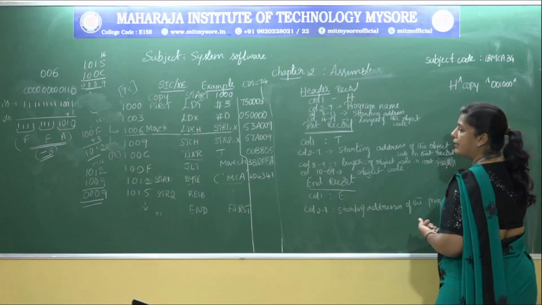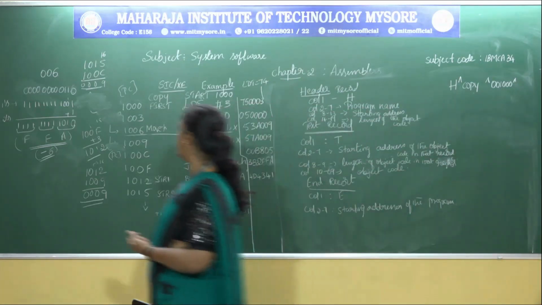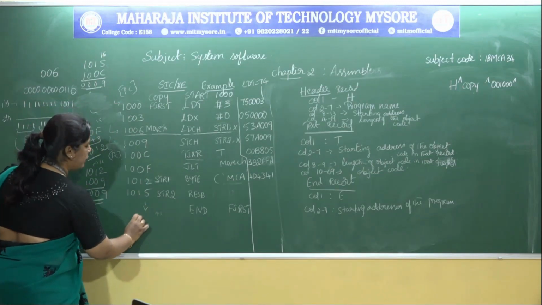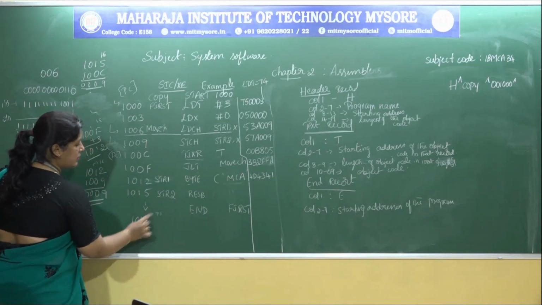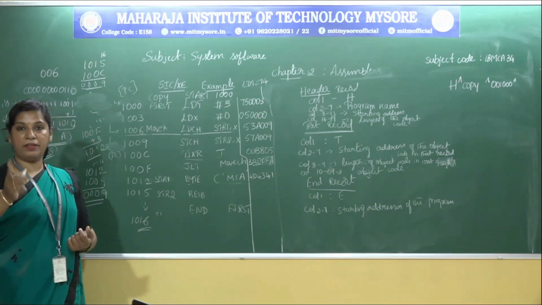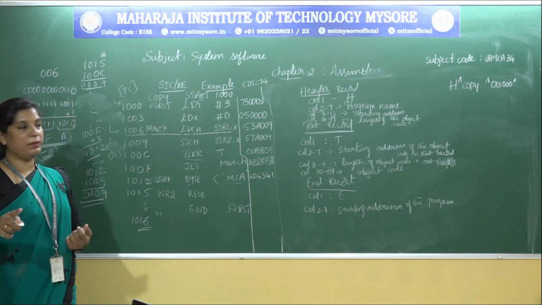After that comes the object code length. How can I find it out? The program starts at 1000 and ends at memory location 1016, because once it encounters END, the previous program counter value is incremented by 1.